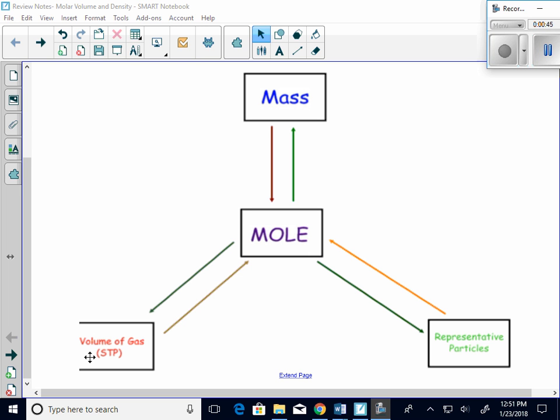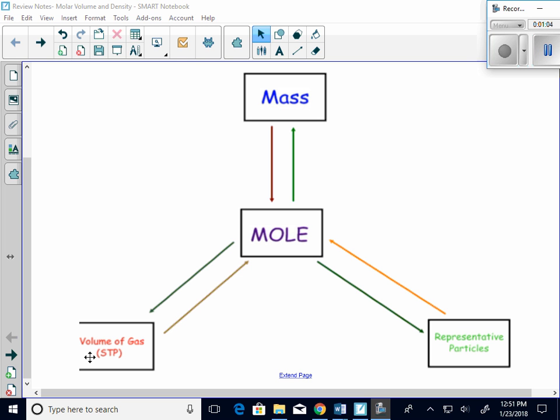Now, when we talked about the molar volume, we needed to have a couple of conditions met in order to be able to do this. What were the conditions necessary?